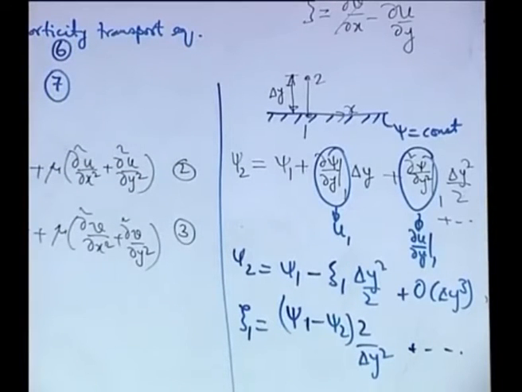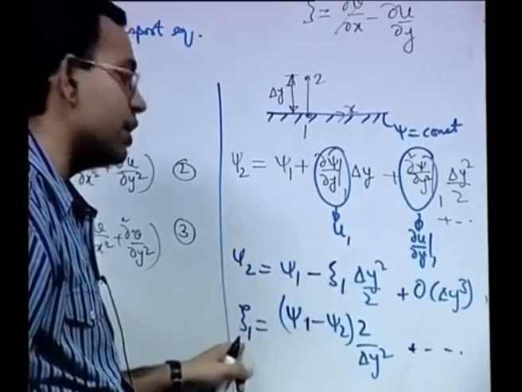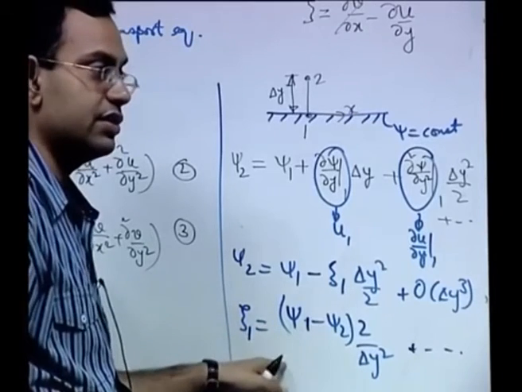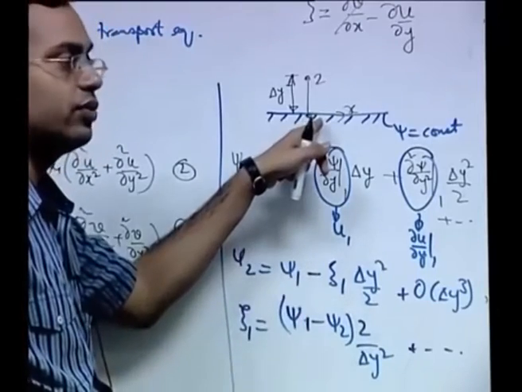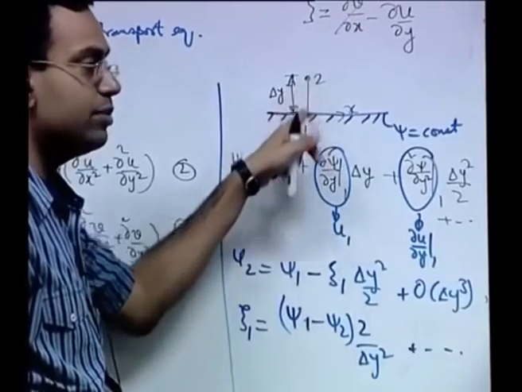So using a Taylor series expansion you can artificially generate a boundary condition for the vorticity in terms of the stream function. The stream function at the boundary, psi 1, you can set to 0 if you want, or some constant value. This one, psi 2, will come from the iterations.